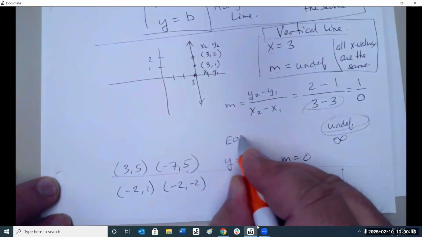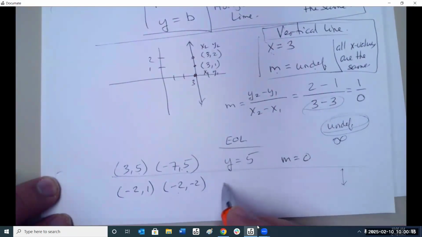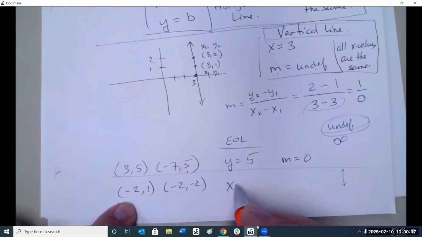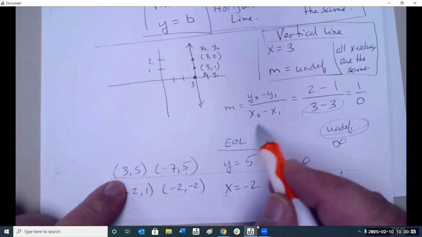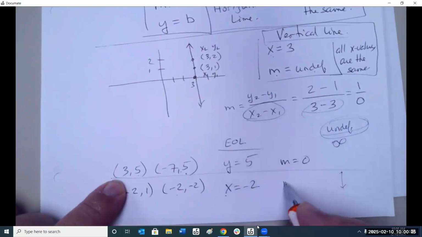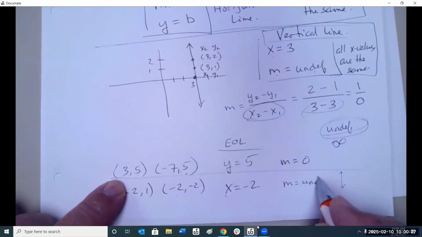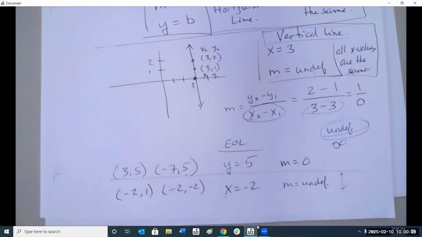Here's the equation of the line. Since the x values are the same, x equals -2. Since the x values are the same, that means the bottom goes to 0. That means the slope is undefined. So those are shortcuts for you, because you're going to see this in homework or tests.